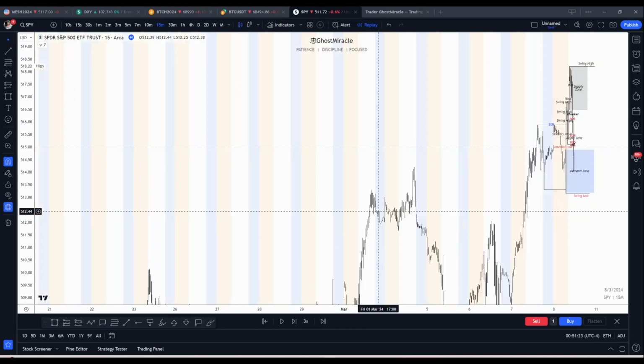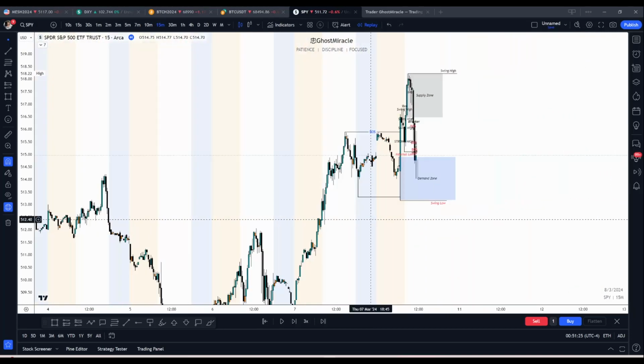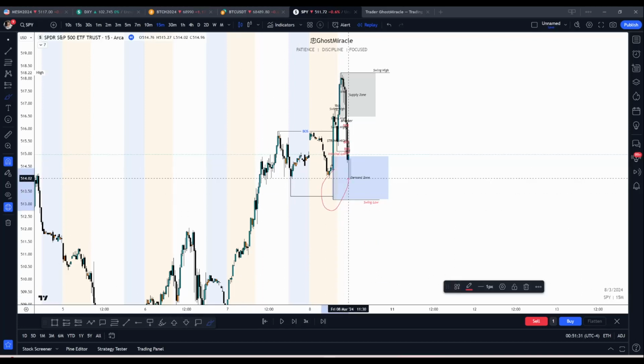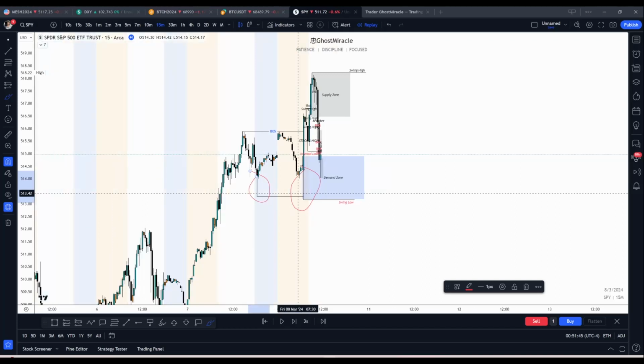Because technically, from what I've seen or learned, I'm pretty sure that it was some news or something that occurred here, creating this long wick. And from what I've learned in the past, these long wicks, price will take them out eventually.